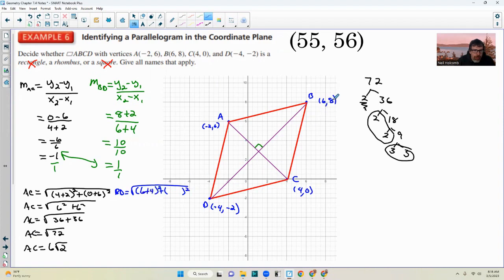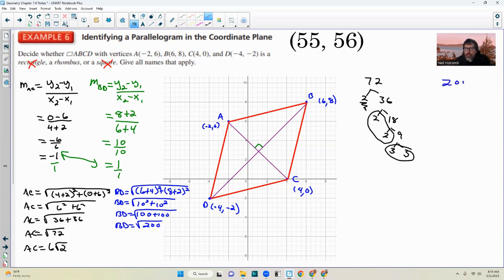And then the difference in your y's. 8 minus a negative 2 is 8 plus 2. So BD is going to equal the square root of 10 squared plus 10 squared. So BD equals the square root of 100 plus 100, or the square root of 200.